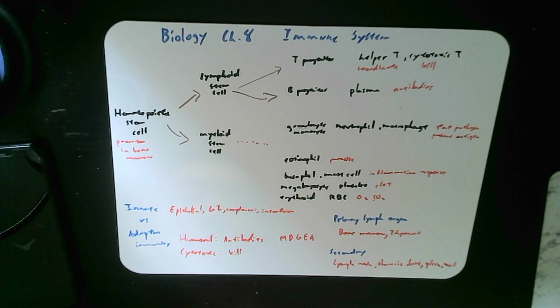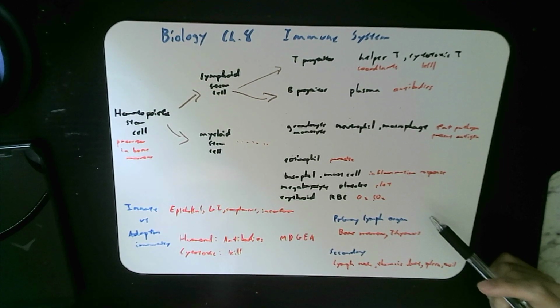But adaptive is specific to a certain pathogen and it has a target that it will kill, such as humoral, which uses antibodies to bind specifically to the antigens, or cytotoxic, to kill exactly the cells that do have the virus infection.